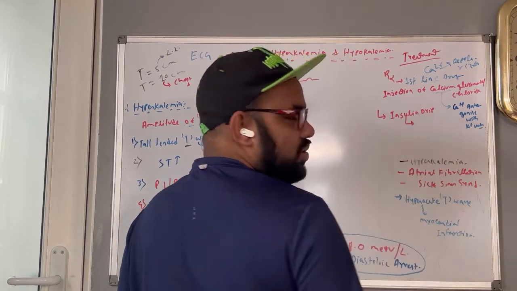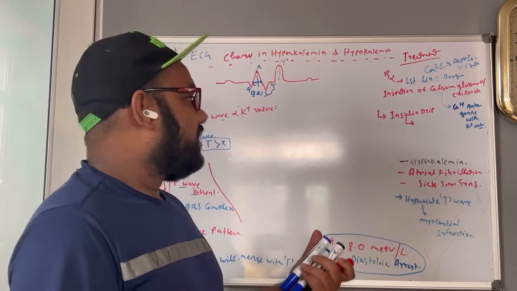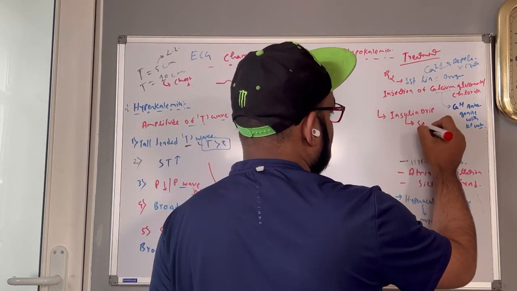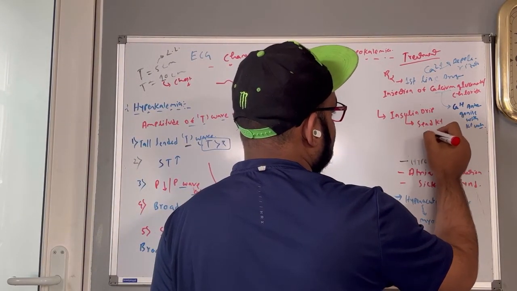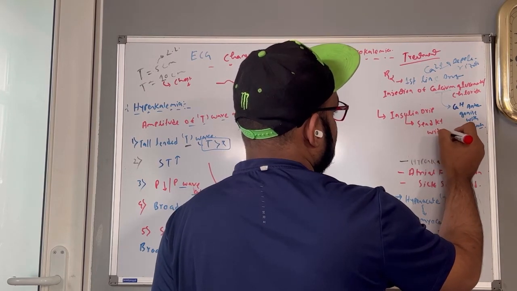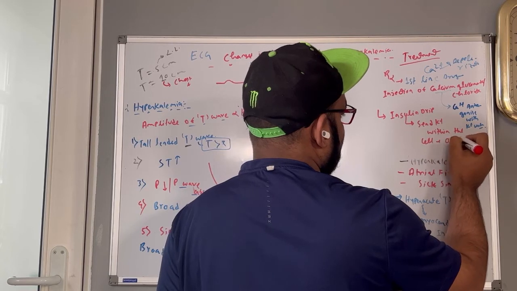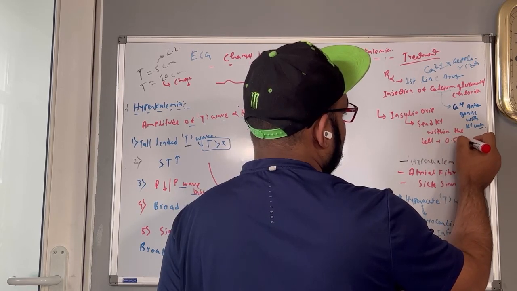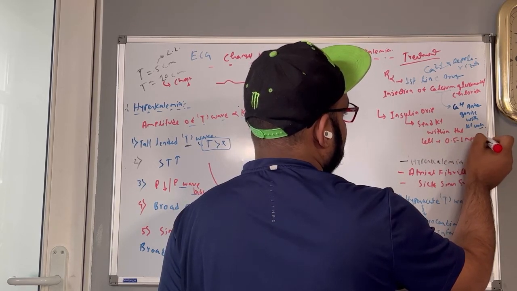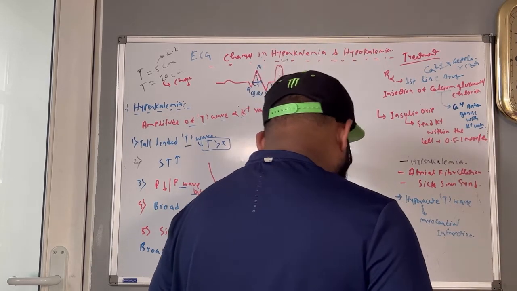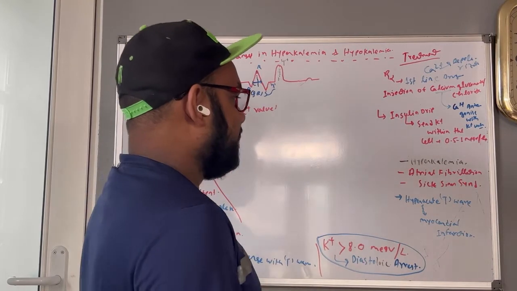So insulin sends potassium within the cell at the rate of 0.5 to 1 milliequivalent per hour from the blood into the cell.